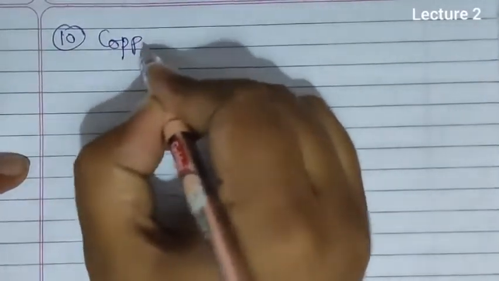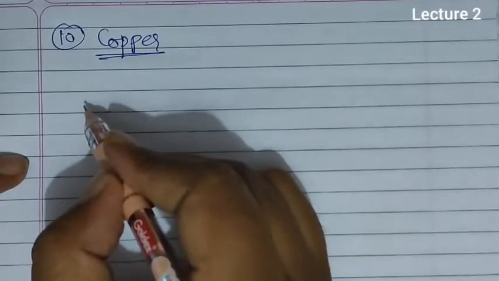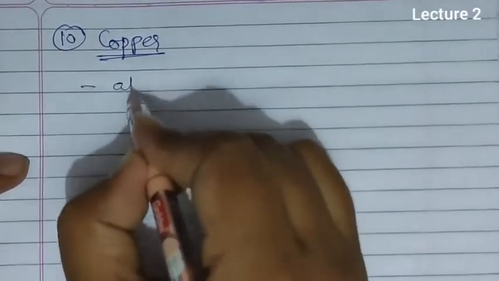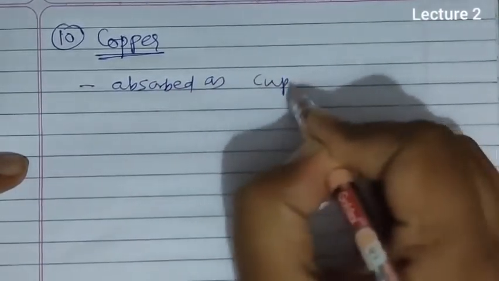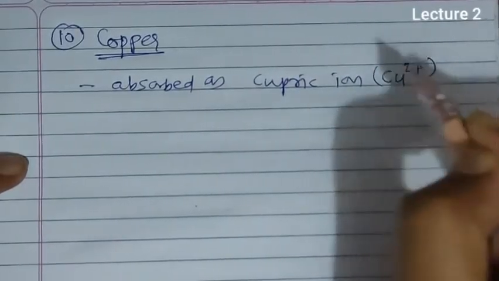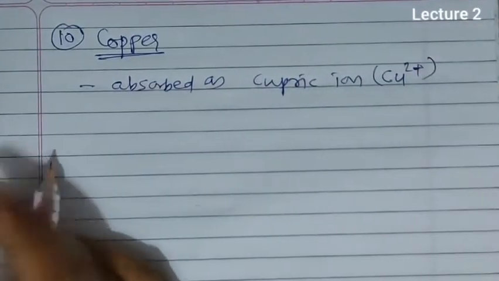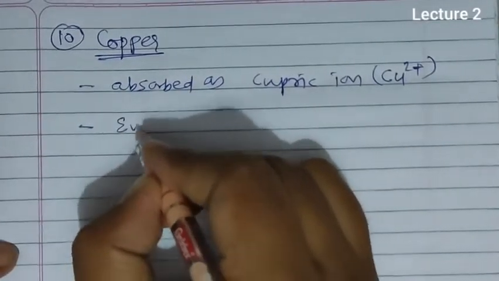Next micronutrient is copper. It is absorbed as cupric ion, that is Cu2 plus from the soil. Required everywhere in plant body.